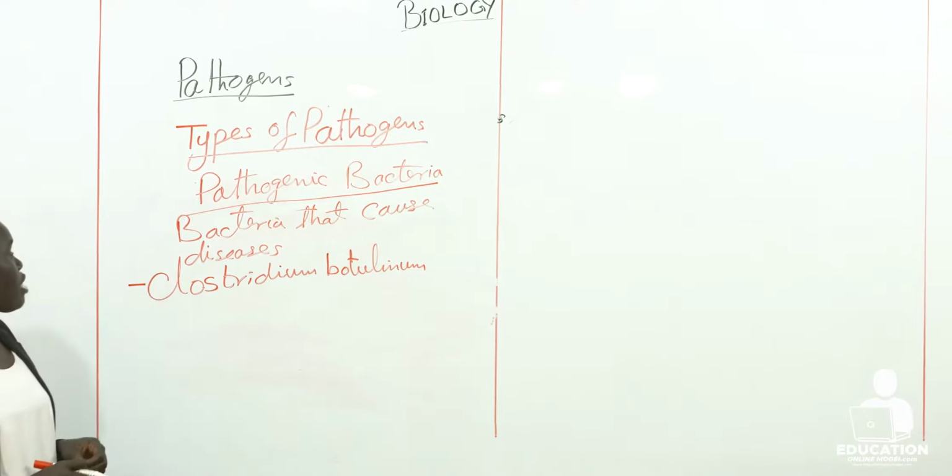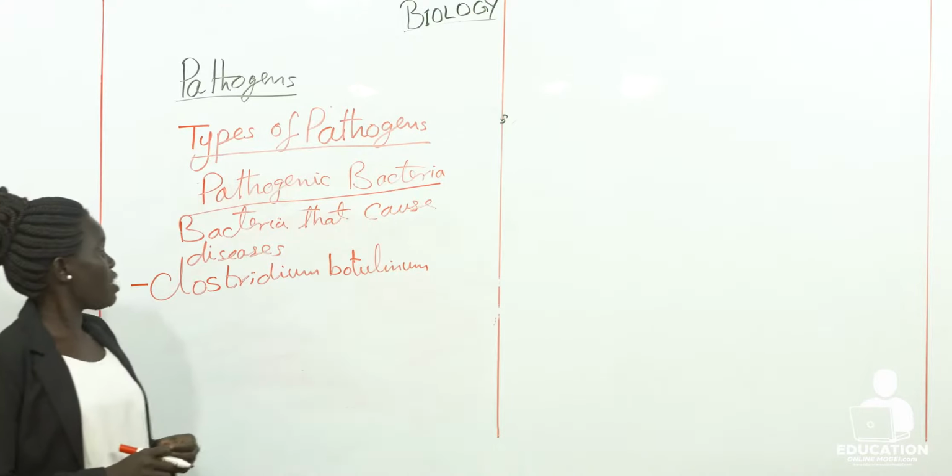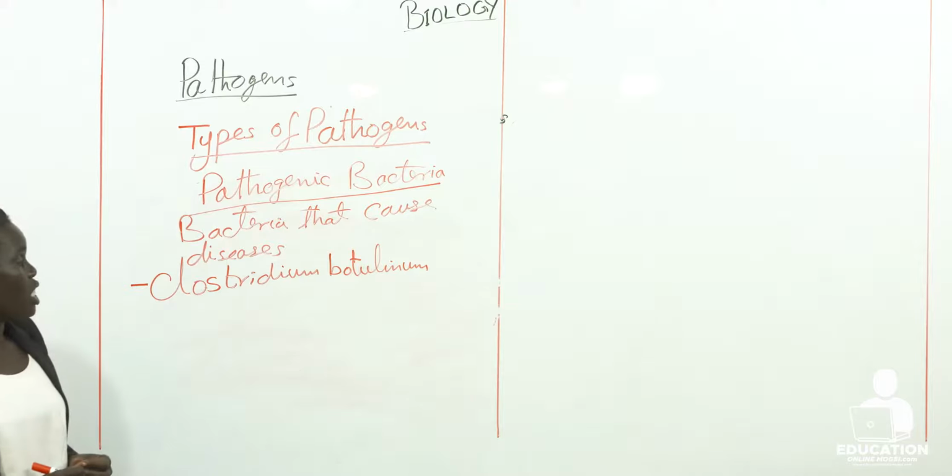The first name starts with a capital letter, which is the genus name, followed by the species name, which starts with a small letter.